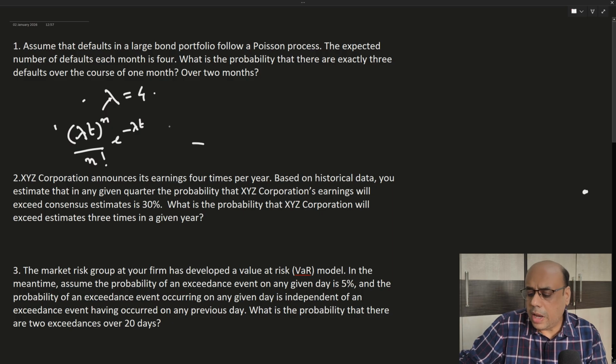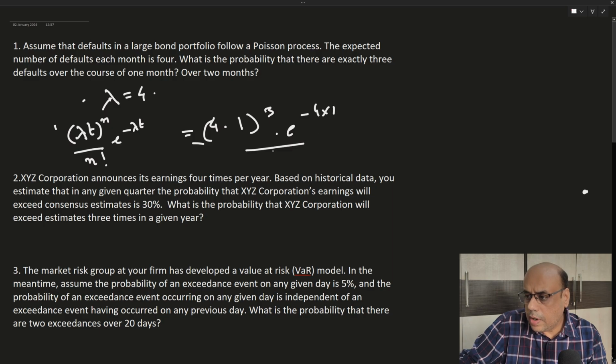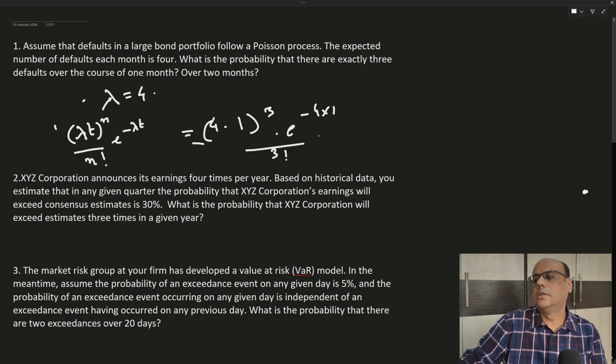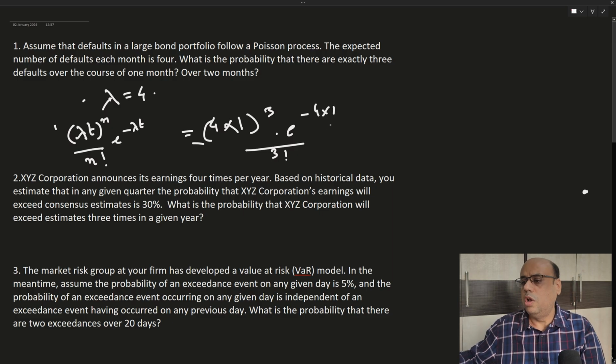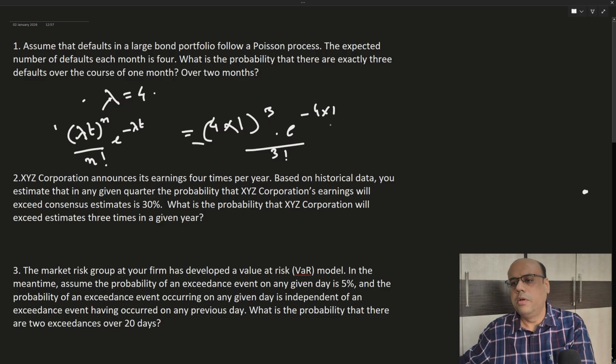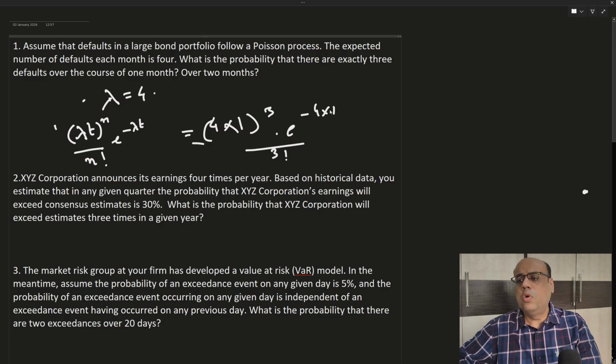We just need to plug in the numbers. It is equal to 4 into 1 to the power 3, e to the power minus 4, divided by factorial 3. This is the answer. So e to the power minus 4, you can just solve it using your calculator and find out the value. So this is over 1 month.